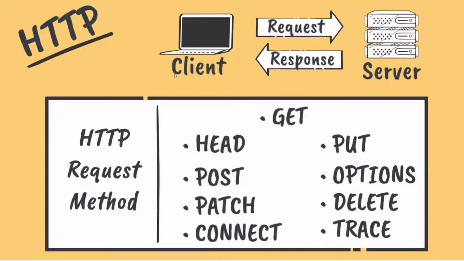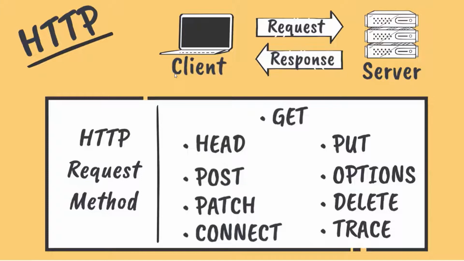One of the most important properties of an HTTP request is the request method. The request method can have one of a handful of predefined values, often called the HTTP verbs.